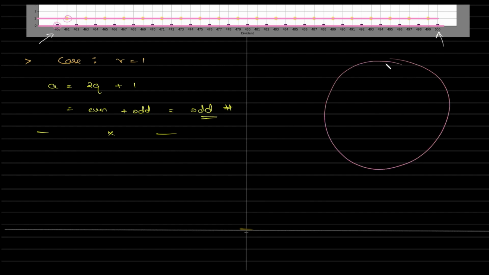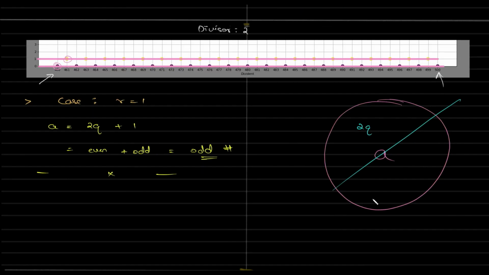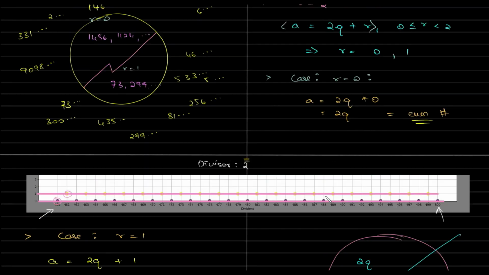So if this circle represents all the possible integers denoted by a, then I can divide them into two groups. As per this, I'm dividing this into two groups. One is 2q and another is 2q plus 1, where 2 is your divisor. Right, that's what we showed. Mathematically we showed that.